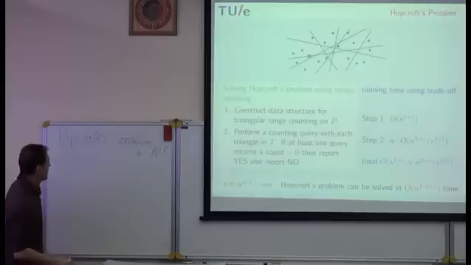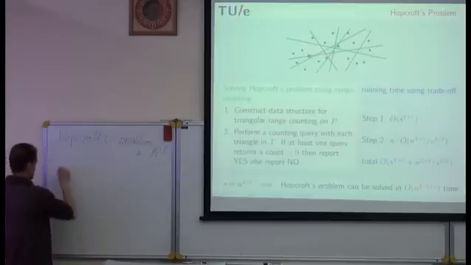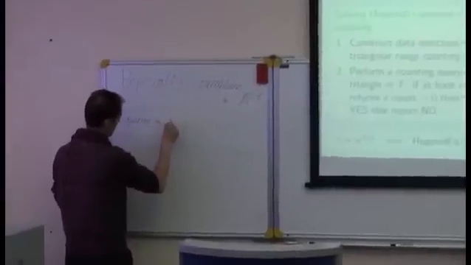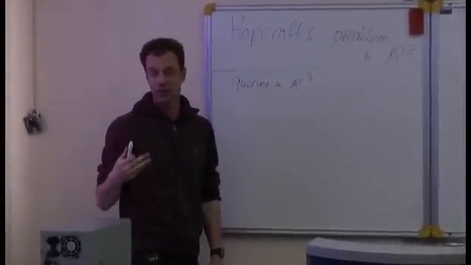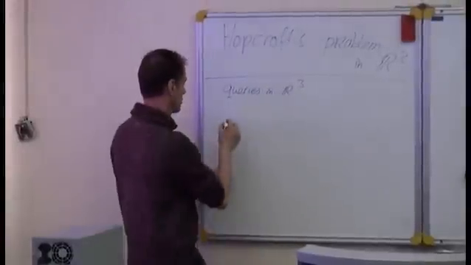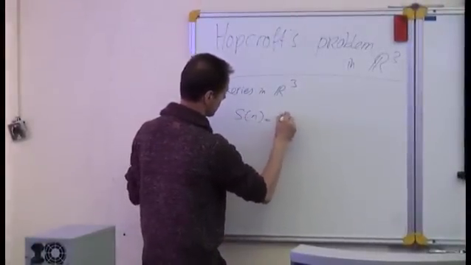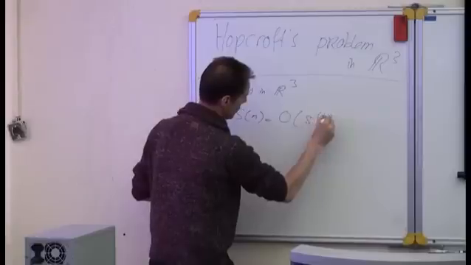So let's say queries in R3. As I said, exactly the same machinery works. So with storage, I can get S to the 1 plus epsilon.